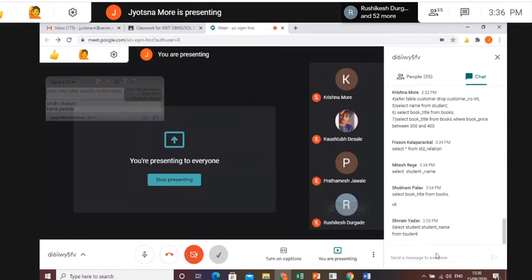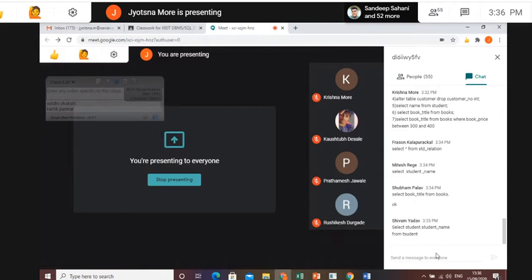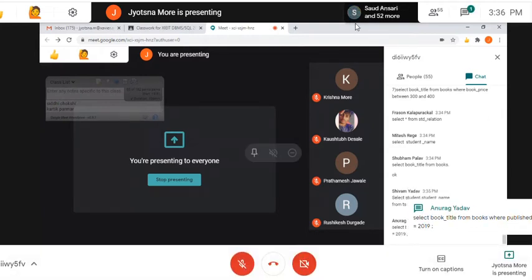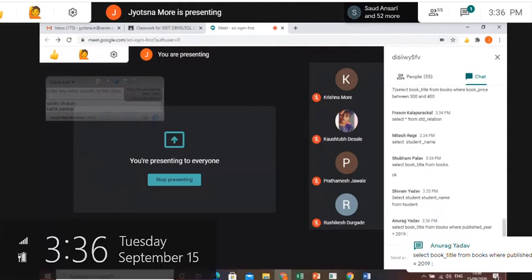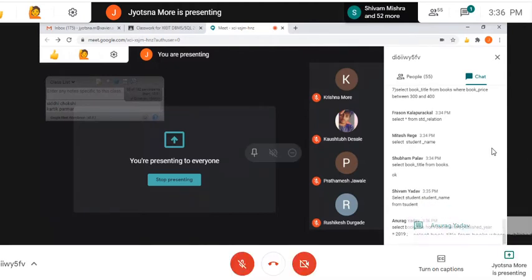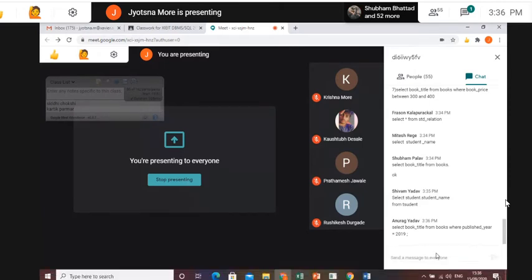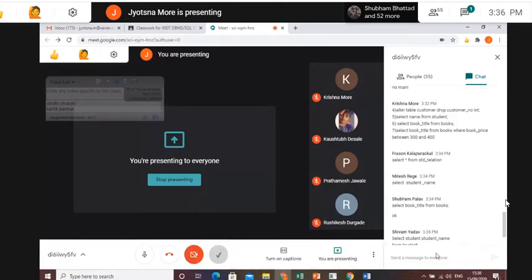We'll move ahead. Find the titles of books published in year 2004. Write your answers now. Select book title from books where publishing year equal to 2019. Correct. Anyone else would like to add in this? Select book title from books.